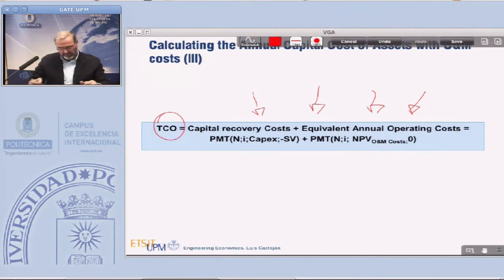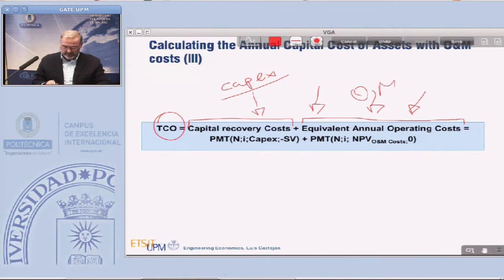The total cost of ownership of a system has two components: one due to the capex, the purchase of the machine, and another portion due to the operation and maintenance cost.